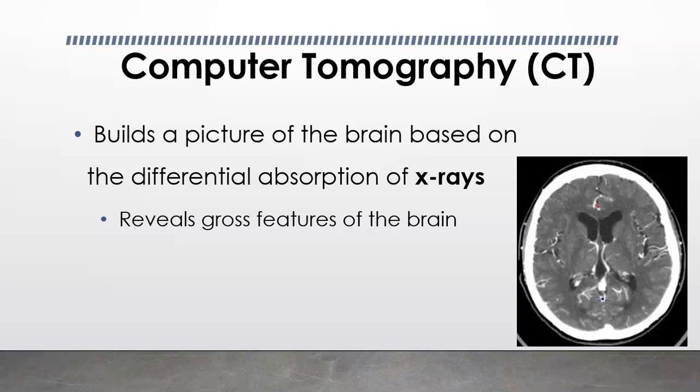And it's really great because you can see the brain itself. So it's a picture of the brain based on differential absorptions of X-rays. In other words, it's kind of an X-ray for your brain, and different parts of the brain will absorb different amounts of the X-rays, so we get a great structural feature of the brain. So we can really see different structures of the brain.